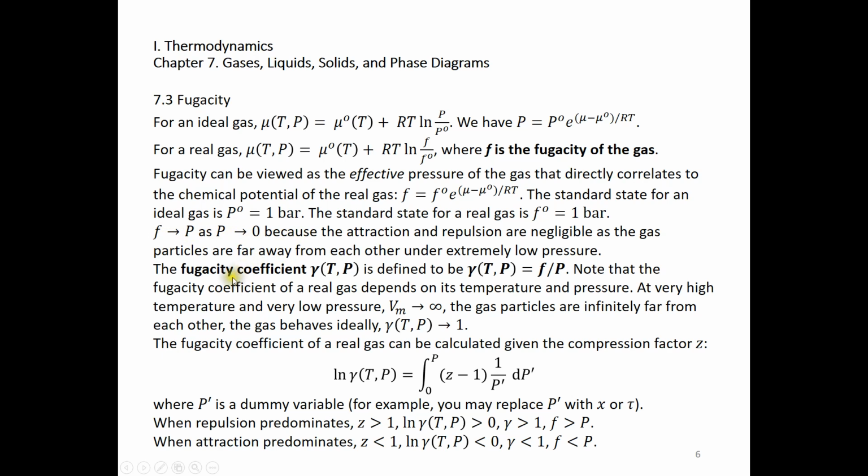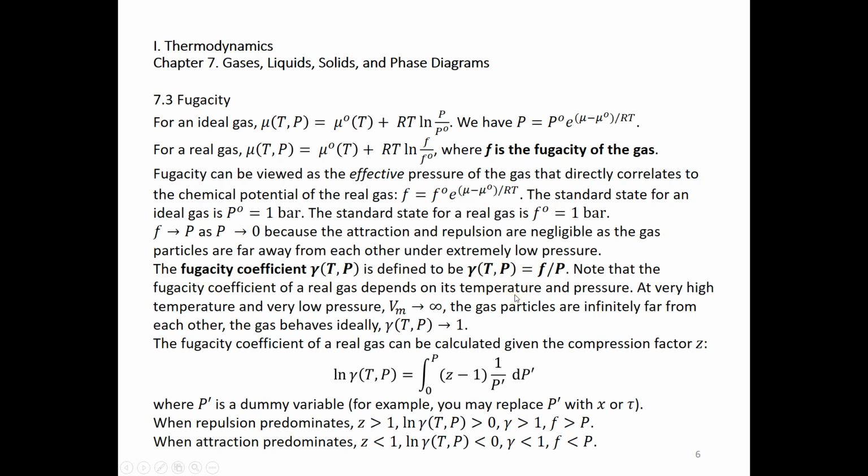Now we define the fugacity coefficient, gamma. Gamma is defined to be fugacity over pressure. Gamma is unitless. Note that the fugacity coefficient of a real gas depends on its temperature and pressure, because different temperatures or pressures may affect the distance between the real gas particles, and in turn affect the attraction and repulsion.